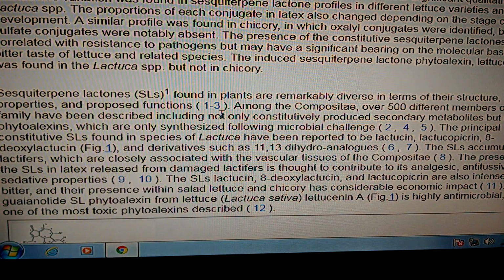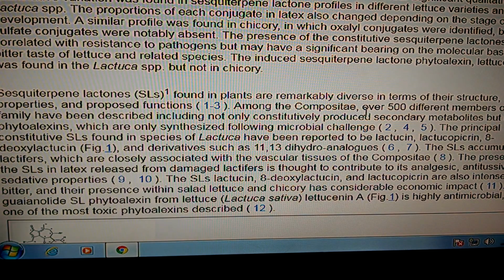Now in this, the one thing that I have read that is very interesting here is, and y'all know I'm going to hack this up because of my regional dialect, the sesquiterpene lactones. Now, it says here the ones found in these plants are remarkably diverse in terms of their structure, properties, and proposed functions.